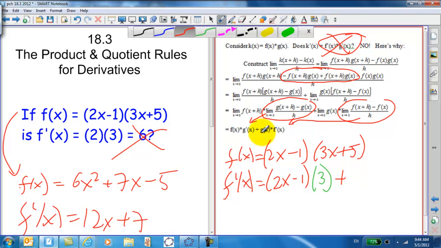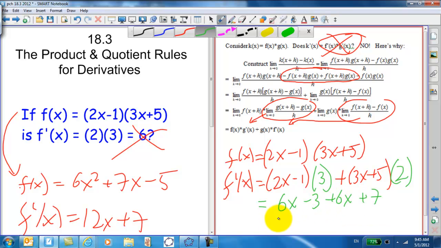Now I'm going to leave the second function alone, 3x plus 5, and multiply by the derivative of the first, which is 2. We expand this out, we get 6x plus 3 plus 6x plus 10, or 12x plus 13, and it agrees.